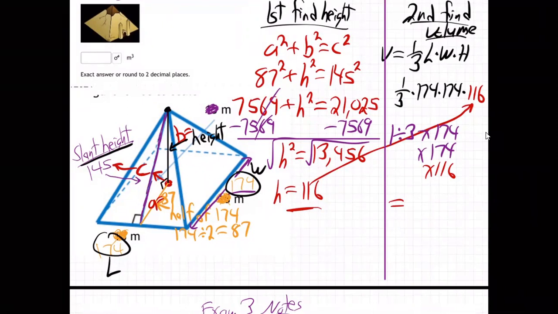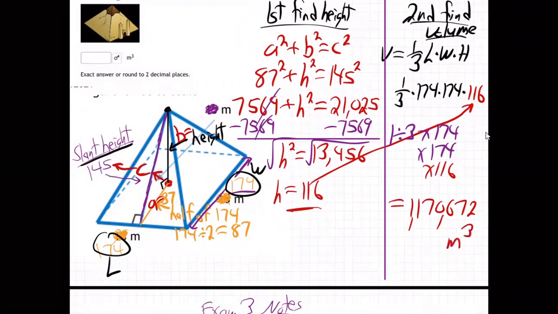And I'm getting a big number, 1,170,672. Is that right? 1 divided by 3, yeah. It's just big. It's a million, and it says round, but I didn't have to round.